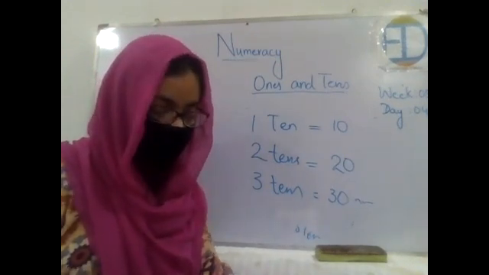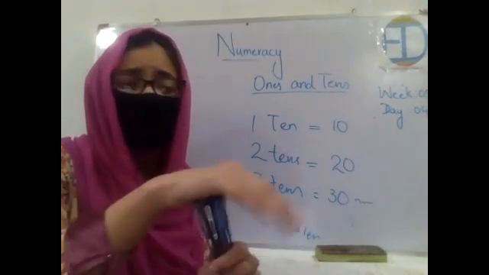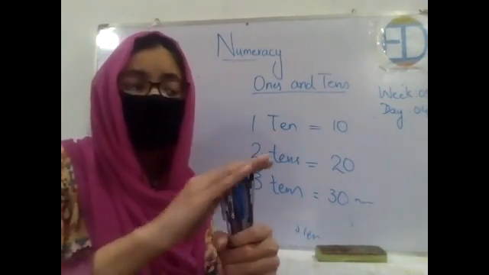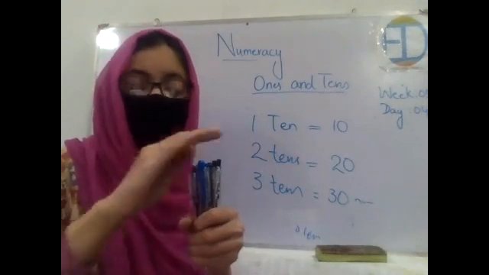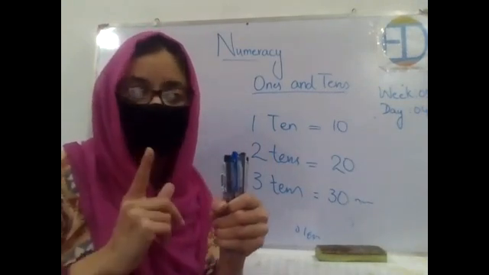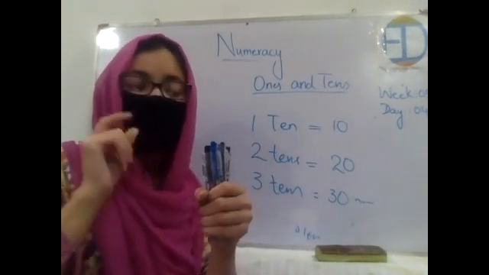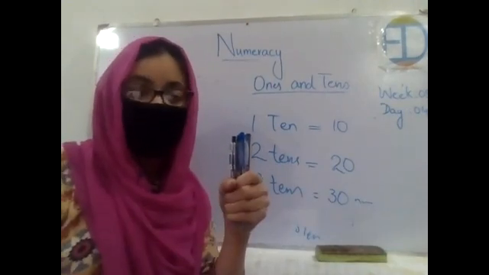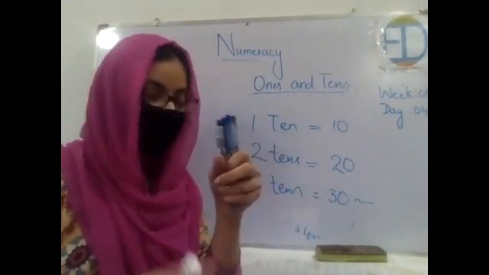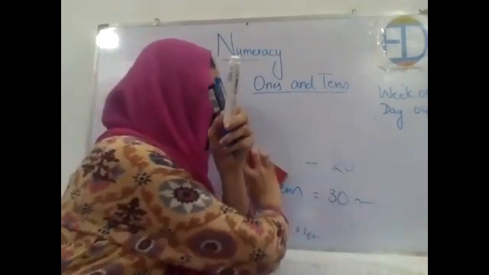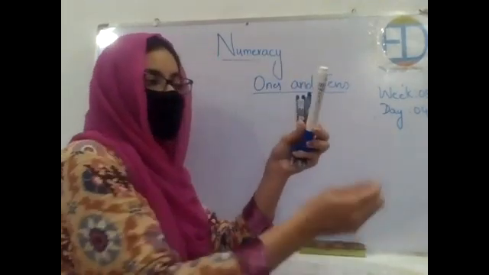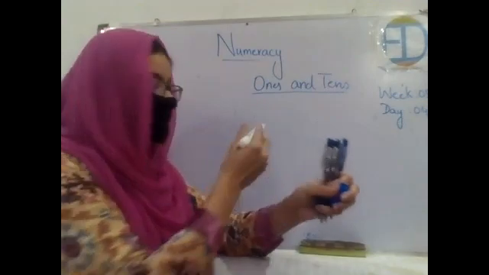Okay. Now, let's say I have this bundle of ballpoints, it's 1, and we are calling it 1 ten, right? Let's say we have 6 such bundles. So how many tens would it have? Who is going to tell me if we have 6 such bundles?